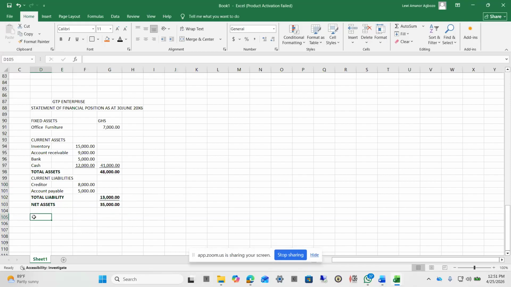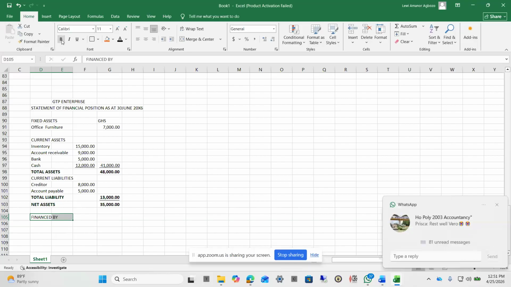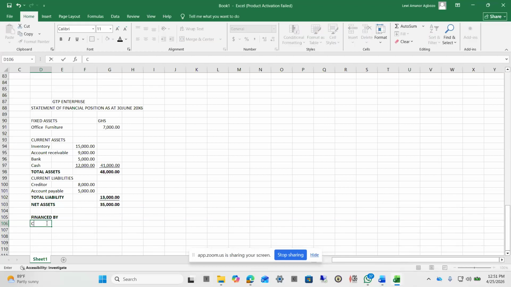Then the capital side is what we call the financed by. So we are saying that this business is financed by. How is it financed? One, we saw capital. Capital of how much?